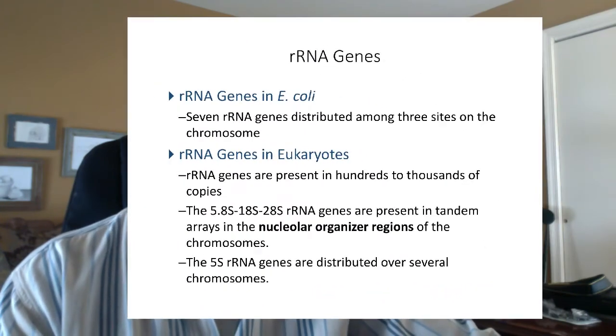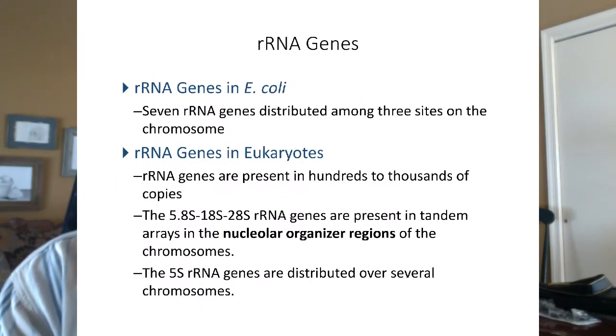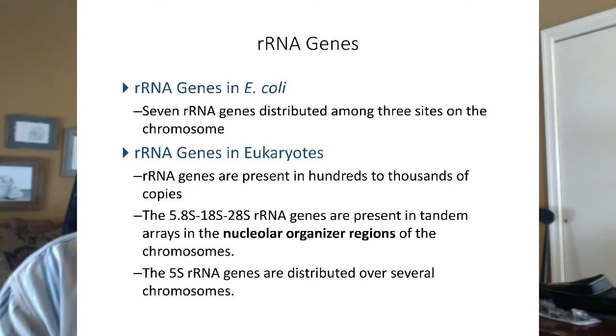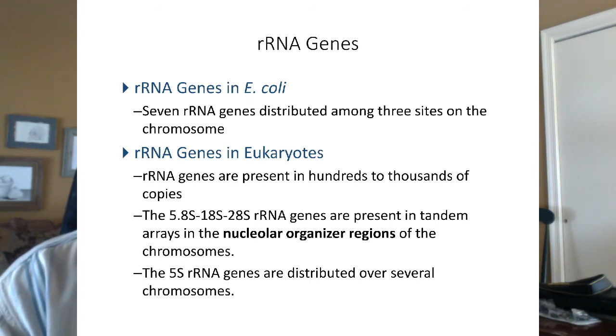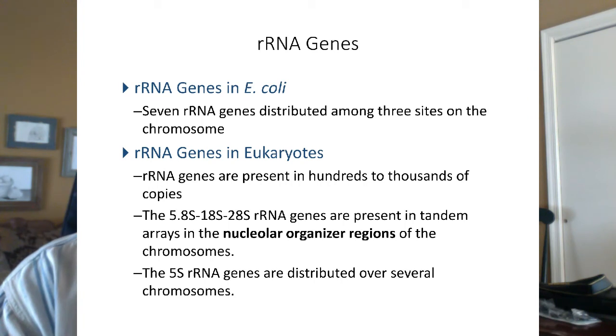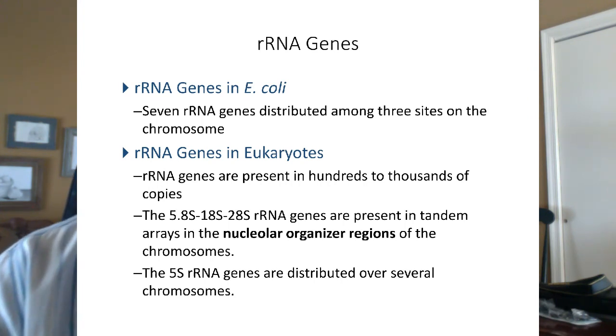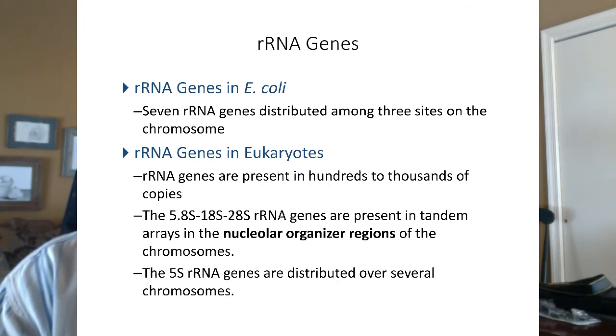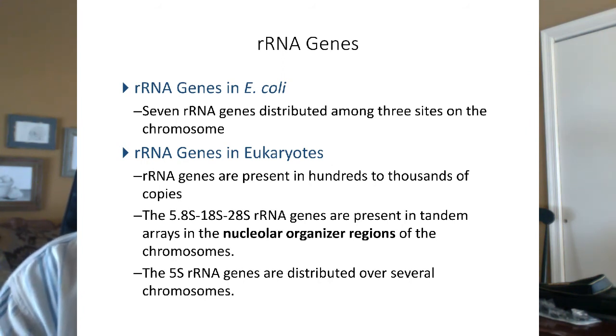So, just a little background, there are 7 rRNA genes in E. coli. They are located in 3 different positions along the chromosome itself. However, in eukaryotes, and again, remember the size of the genome when comparing eukaryotes to E. coli, there are hundreds to thousands of copies depending on the eukaryotic species.